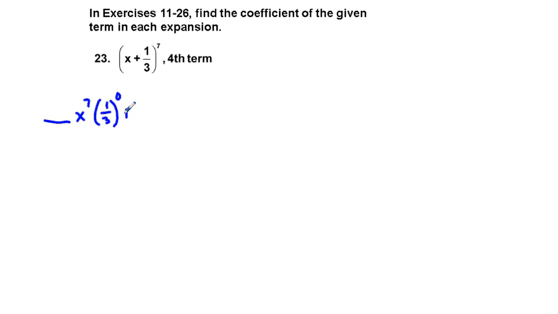And our second term is going to be some coefficient times x to the 6th, and then we're going to have this 1/3 to the power of 1. Our third term is going to be some coefficient times x to the 5th power and 1/3 to the power of 2.